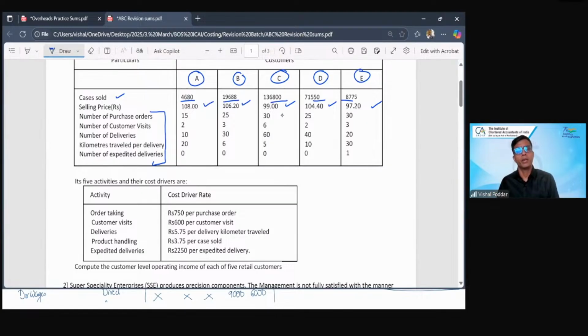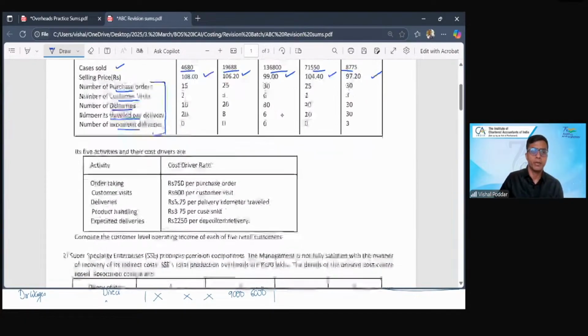You have identified for each customer what are the different activities that you do and how much of each activity each customer group is consuming. So purchase orders, customer visits, the deliveries, the travel kilometers, and at times when you have to give fast deliveries. So for each customer category, what are the different usage of these activities that is given?